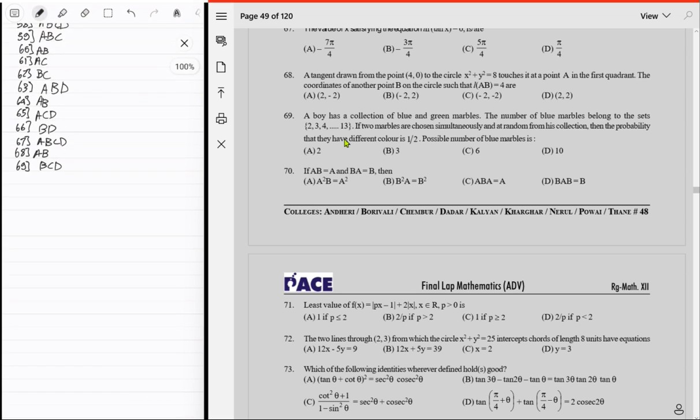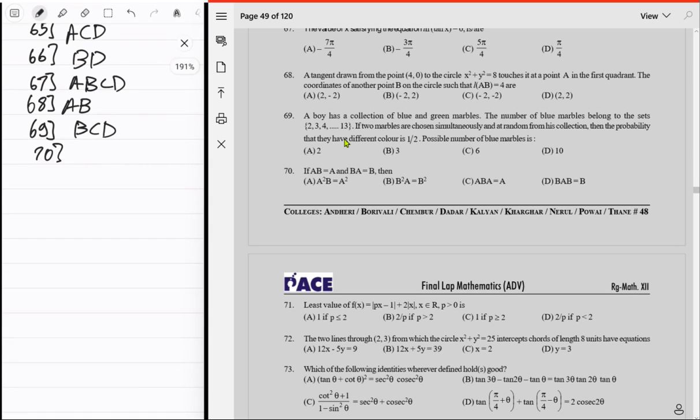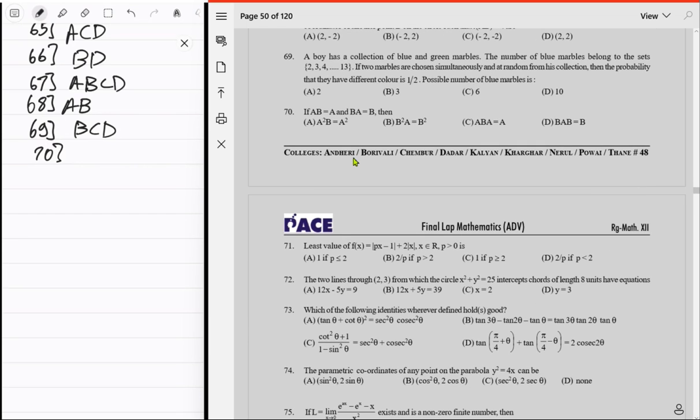70 is: if AB equals A, I think these are matrices, right? Then AB equals A and BA equals B. Okay. Like A B A inverse equals the identity matrix, and B A B inverse equals the identity matrix.